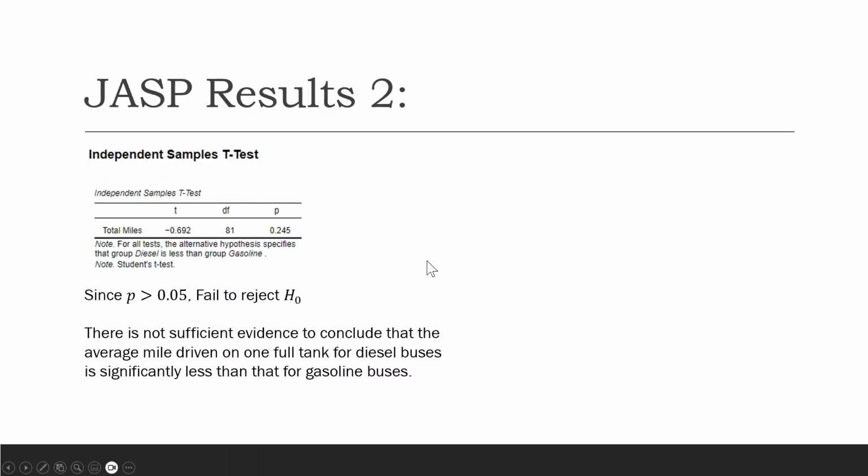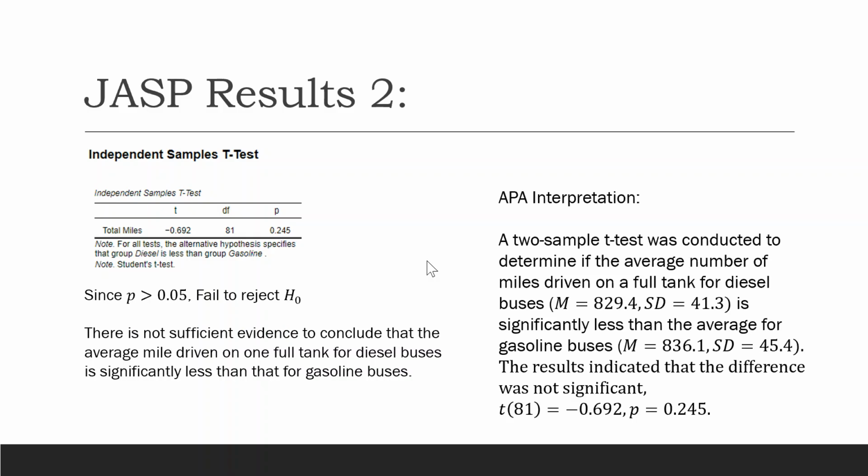And since our p-value is greater than 0.05, we failed to reject the null hypothesis. So we've not gathered enough evidence to conclude that the average miles driven on one full tank for diesel buses is significantly less than that for gasoline buses. And I just put an APA style interpretation of that here that you can read.